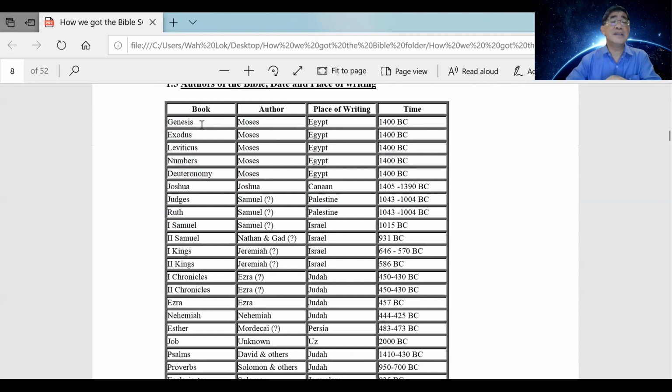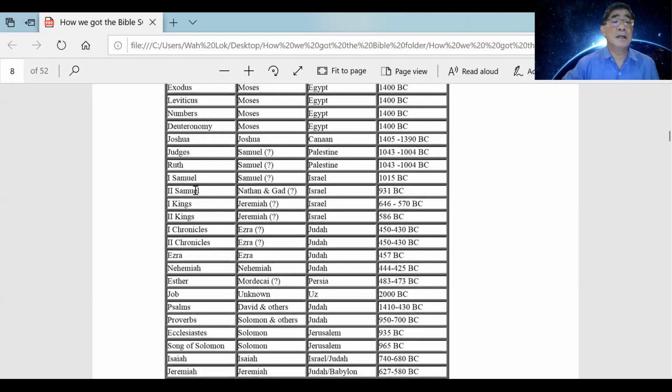Genesis, Exodus, Leviticus, Numbers, Deuteronomy were written by Moses. Where was he? He was in Egypt, or at least coming out of Egypt, maybe Mount Sinai for some of it, the law, and then from Mount Sinai, the border of Canaan. And the date is when Moses was leading out, around 1400 BC. Then you can see the book of Joshua, and so on.